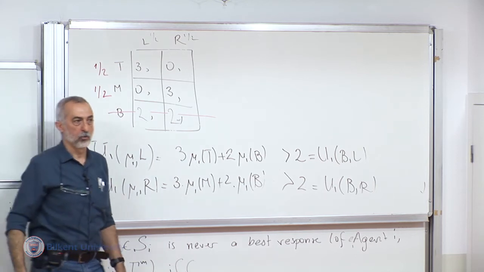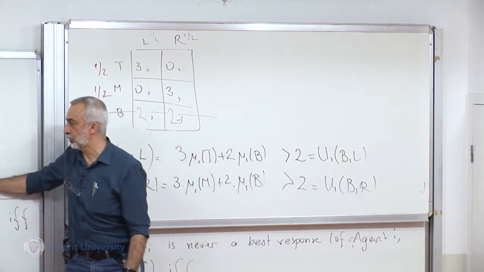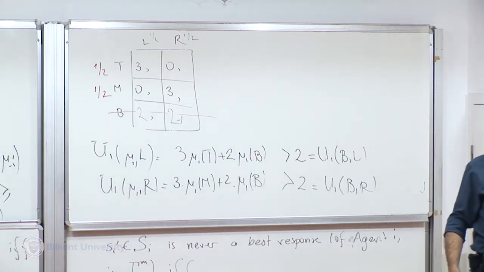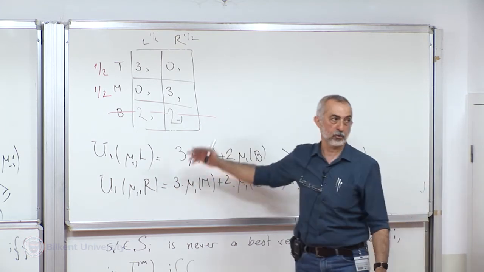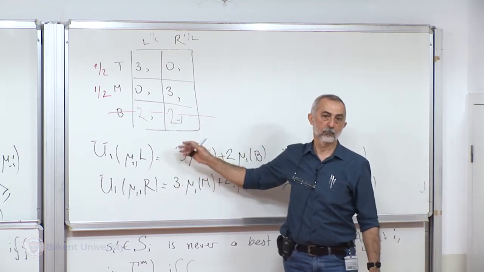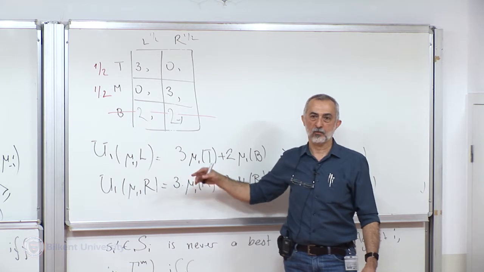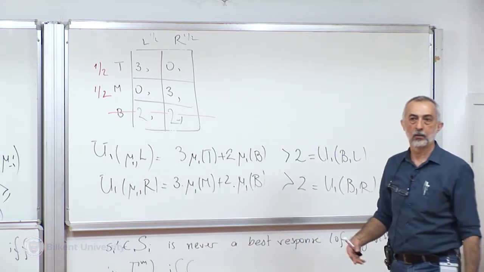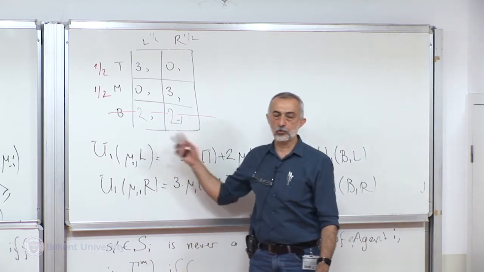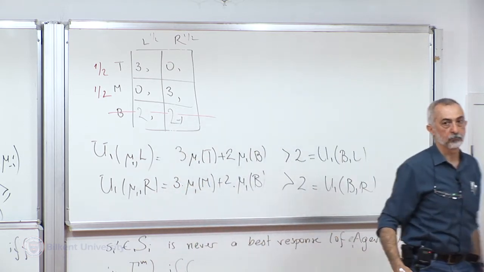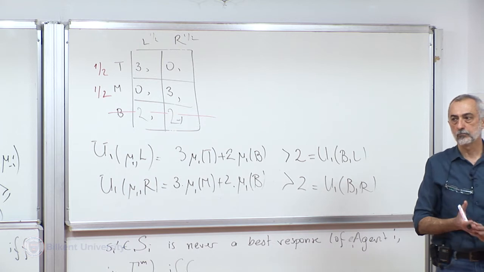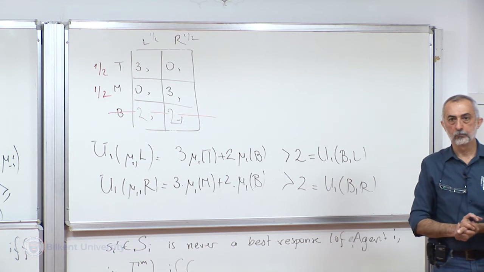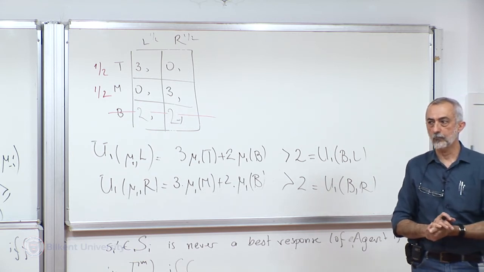Before you jump the gun and start using this theorem, it might be a good idea to check if there are strategies which are never a best response, and then, in quotation, eliminate them. Eliminate in the sense that we know that at any Nash equilibria, those strategies will be played with probability 0. Okay? So far, so good? Any questions?